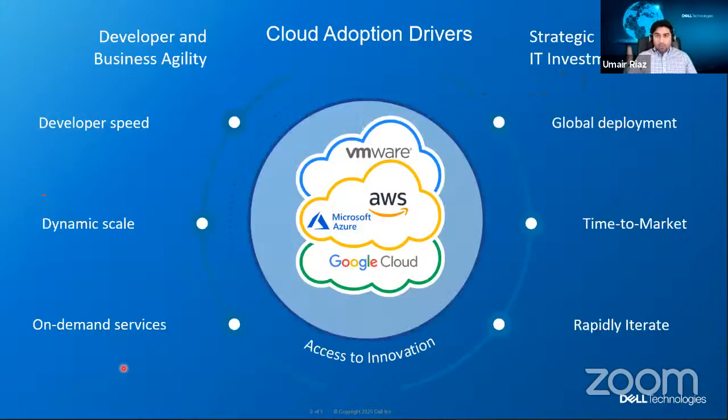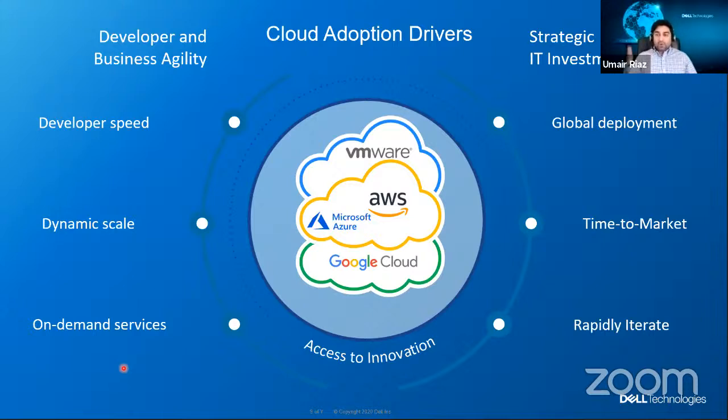So why do people in technology or in business want to go to a cloud model? Why do they think it's important? One is that it allows them to develop applications faster, right? Today we're all becoming digital organizations, and our applications and software are the way we differentiate ourselves as a business.